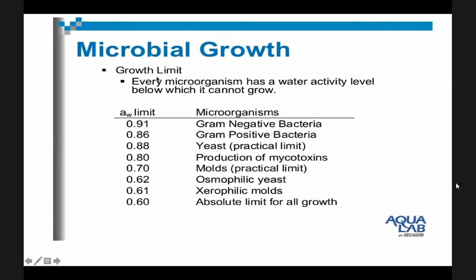See here, growth limit. Every organism has a water activity level below which it cannot grow. So for those familiar with gram-negative and gram-positive bacteria, in gram staining. Next, for yeast, it's 0.88 practical limit. So the water activity in your biscuit should be just at 0.88 to limit yeast.